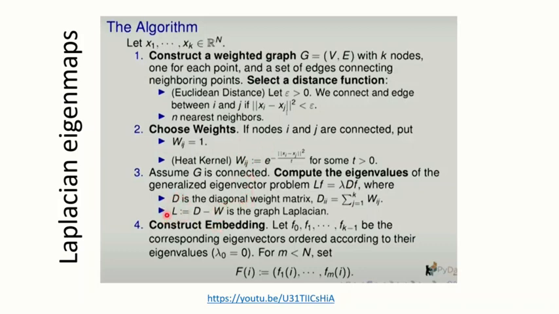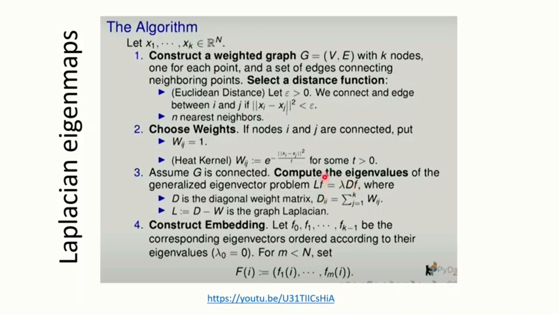So you compute the Laplacian matrix, and once you have D and L, this translates into a so-called generalized eigenvector or eigen problem. Then you have L times F, where F contains all the eigenvectors, and this equals lambda, those eigenvalues, times the D matrix times the eigenvector matrix again.